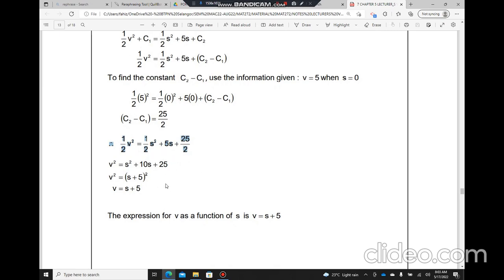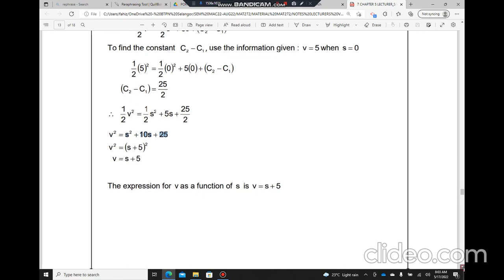And then yang bawah ni just simplify. Sebab kita nak buang 1/2 ni, kita darab dengan 2. And then V square equals, yang ni dia boleh factorize, dapat S plus 5 all squared. So it means that V equals S plus 5. So the expression for V as a function of S is V equals S plus 5.